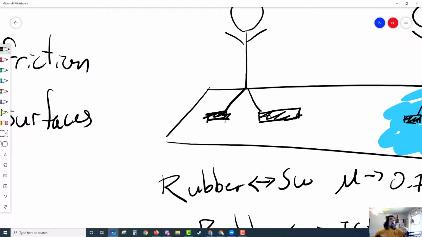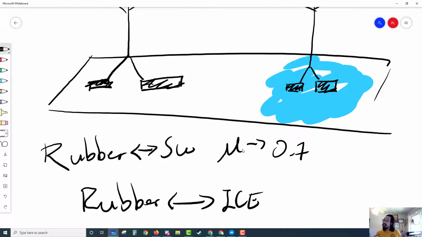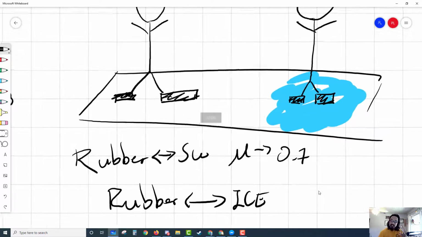We see all these mountains and valleys and crags. And when they're crushing against each other, it creates a lot of friction. But ice is relatively smooth according to our eyes, even on the macro scale, and when we zoom in, it's not as rough as the sidewalk.